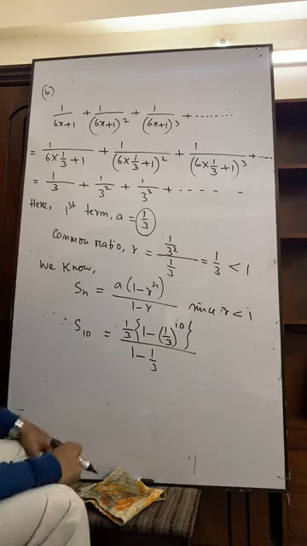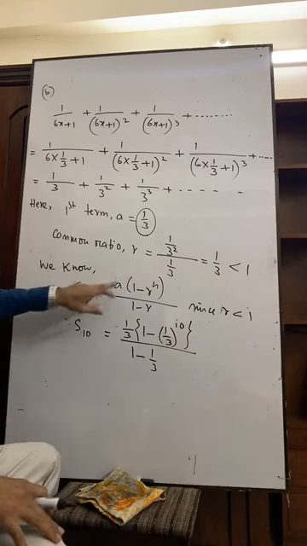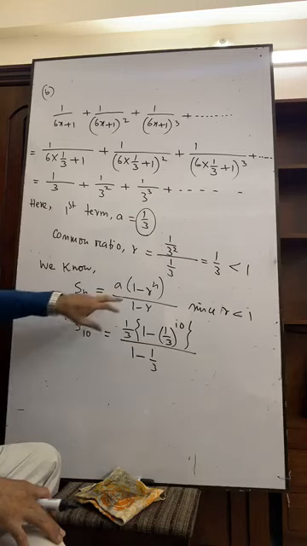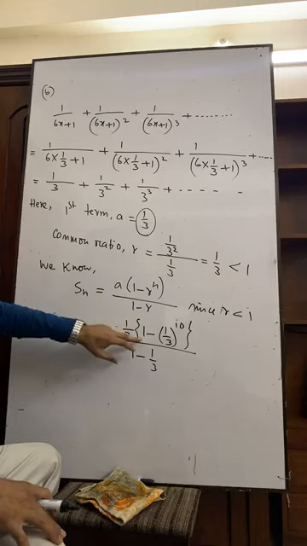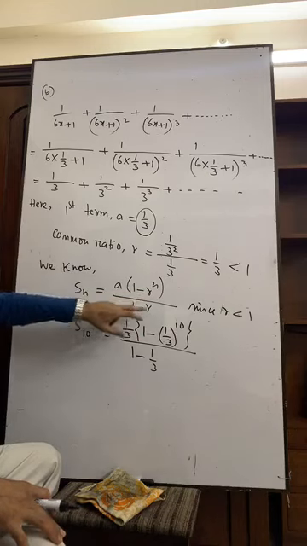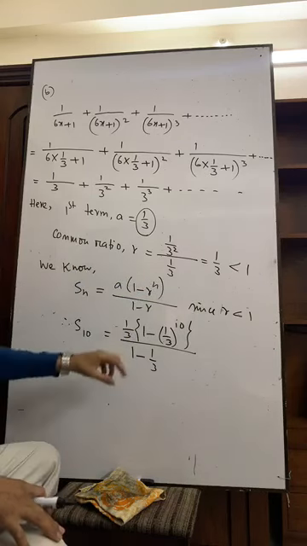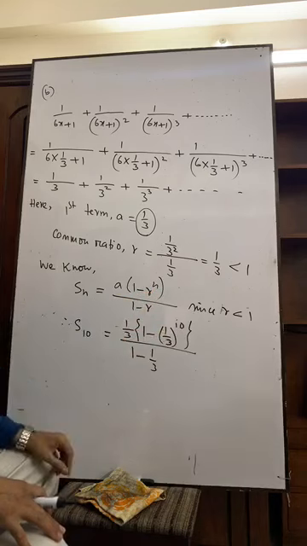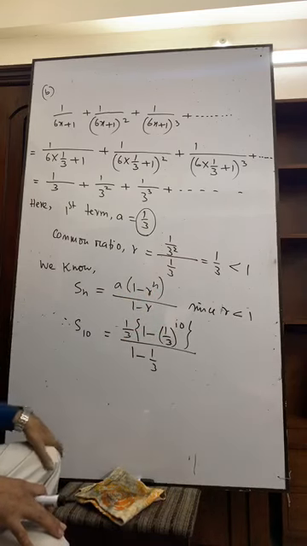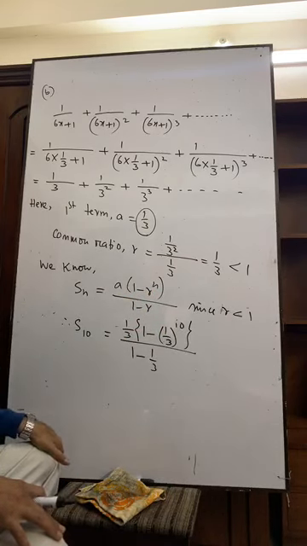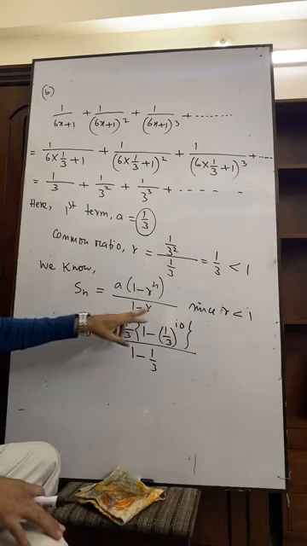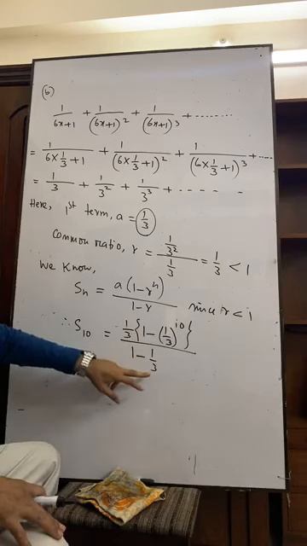I have put the values. Value of A is 1 by 3, R equals to 1 by 3, and the value of n is 10, as we are told here to find the sum of first 10 terms. 1 minus R equals to 1 by 3.